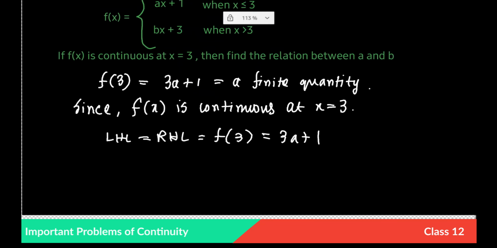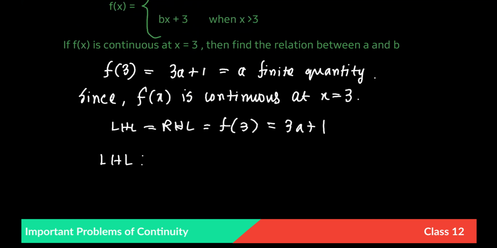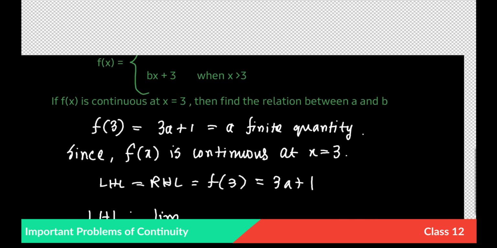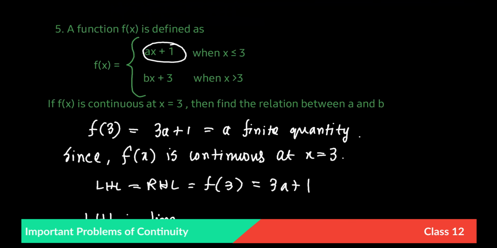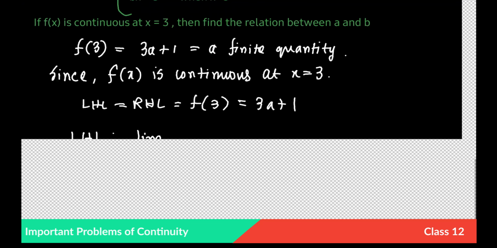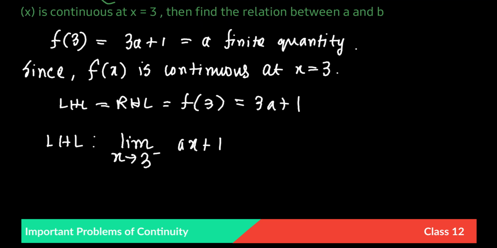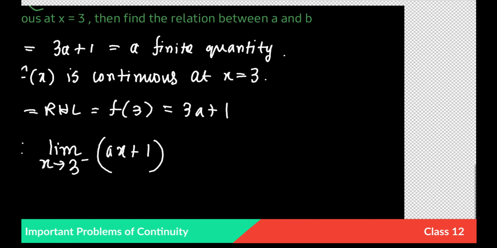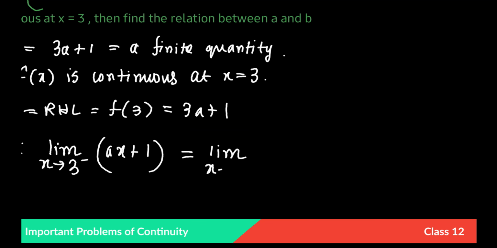Now if I find LHL here, limit x tends to 3 minus, when it's 3 minus, that means less than equal to 3, that means this function, ax plus 1. So limit x tends to 3 minus ax plus 1 is actually 3a plus 1 from the concept of limit.